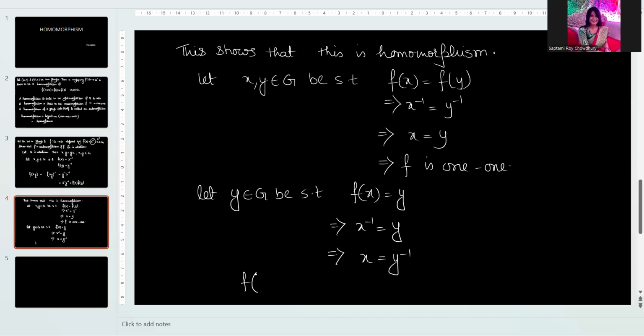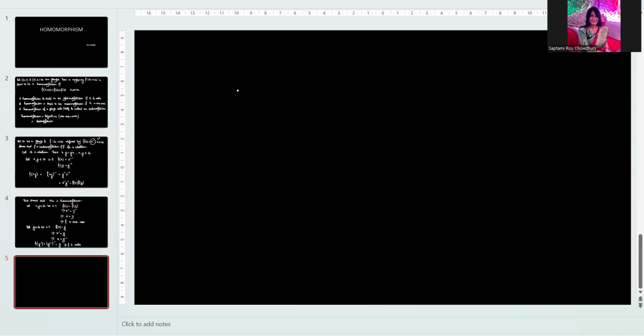Also, f of y inverse is obviously y, which belongs to G. That means for each and every y in the codomain you can find the pre-image of it. So our conclusion is that this is onto. So f is a 1-1 onto homomorphism from G to G, that means f is an automorphism, right? As simple as that.